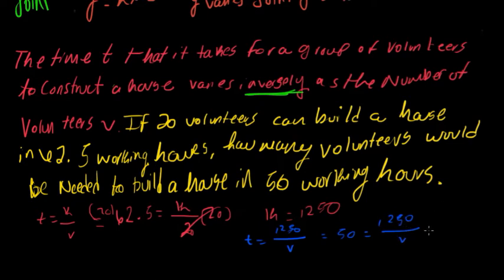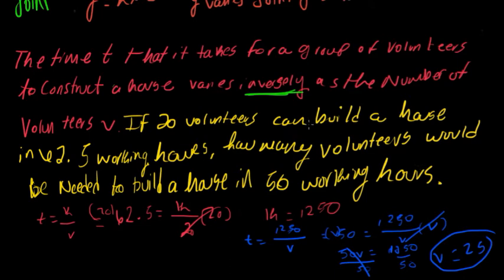Now, if we solve for v in here, we'll get 50v is equal to 1250. Once we divide both sides by 50, we'll have v is equal to 1250 divided by 50, which is 25.